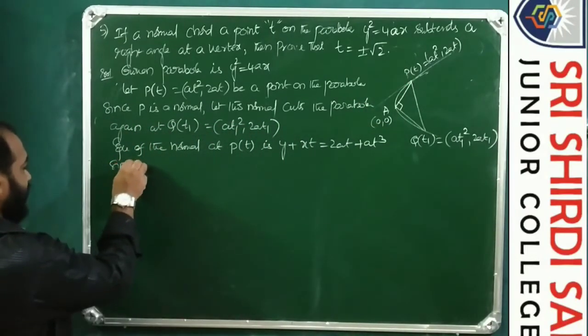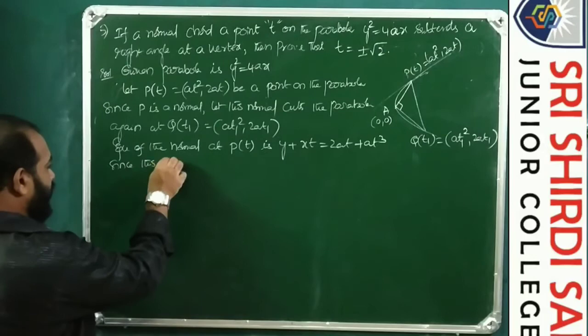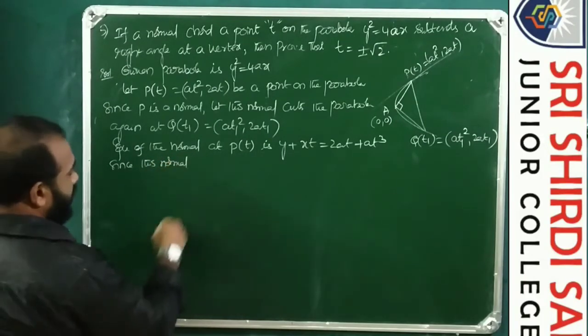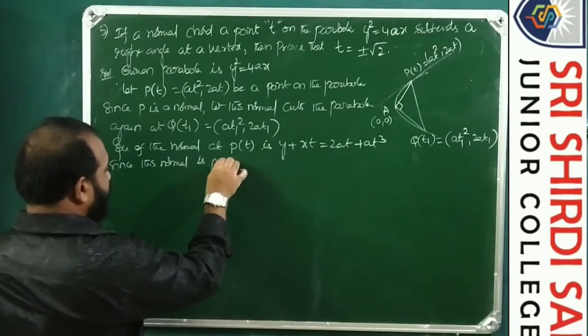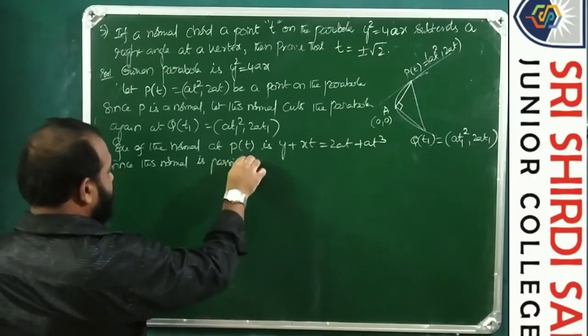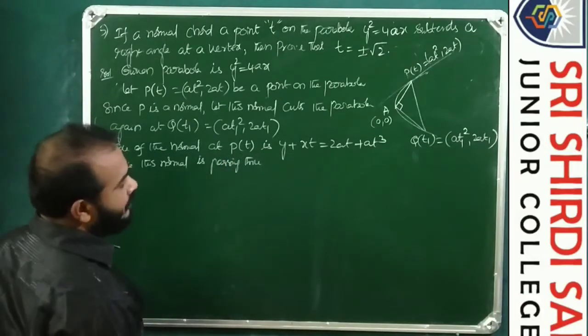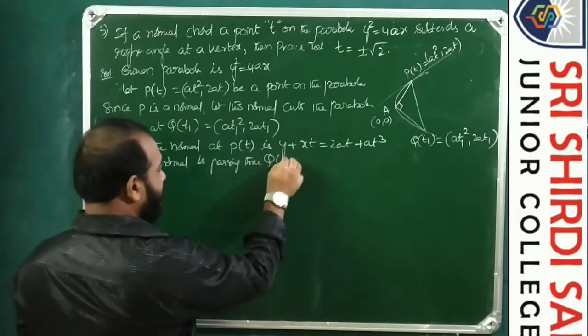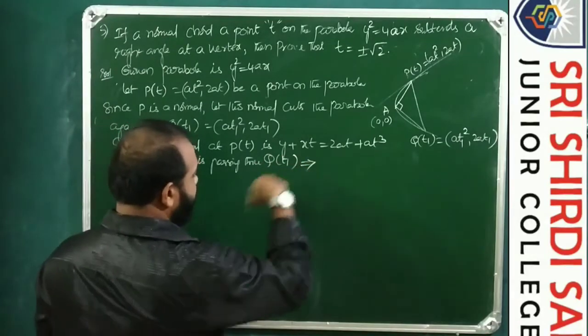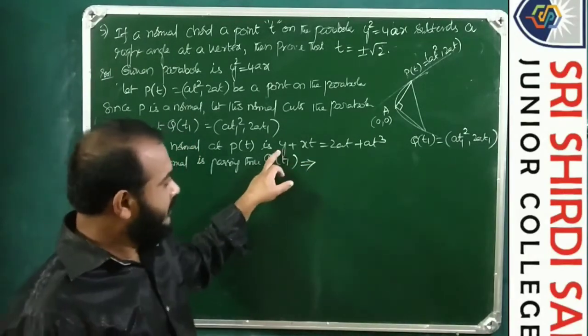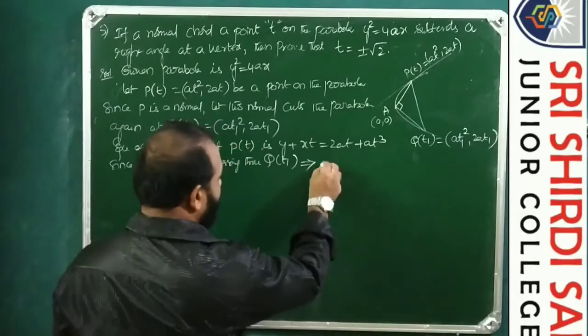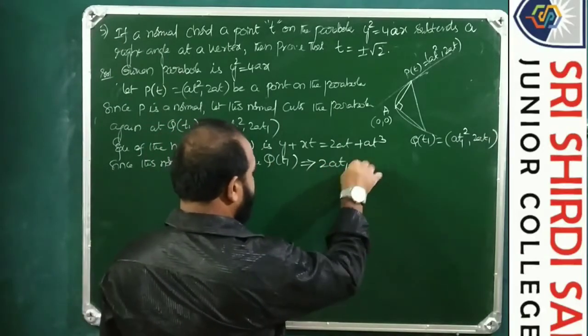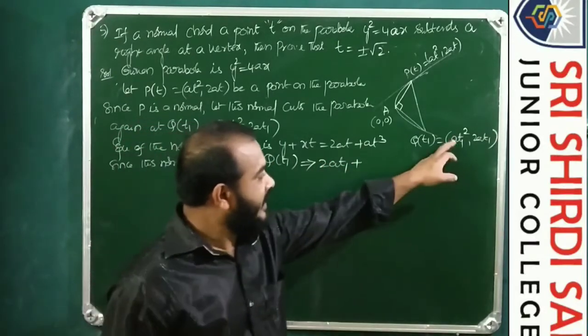Since this normal is passing through Q of T1, in the place of y substitute 2at1 and x is at1 square.